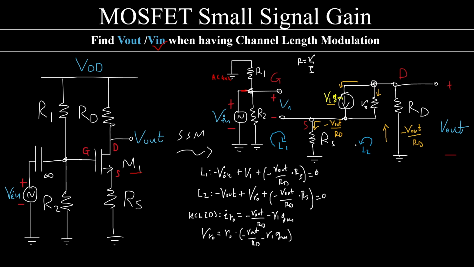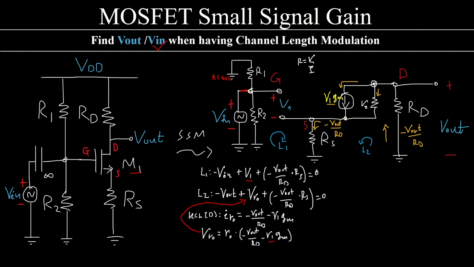I forgot to mention that RO is the resistance that appears here due to channel length modulation. I go into more detail about the basics of MOSFETs in separate videos, so you can check them out later on. Now, if we replace this VRO all the way to here, we will have two equations where we will have this V1 unknown.